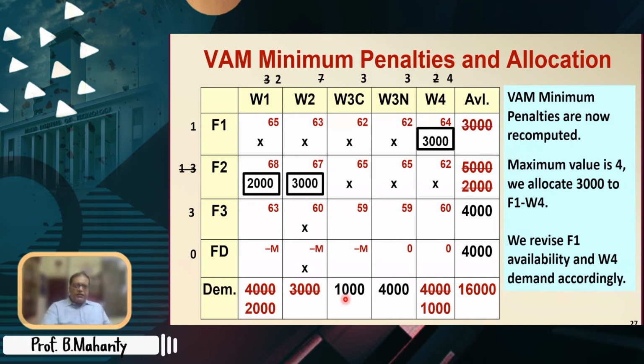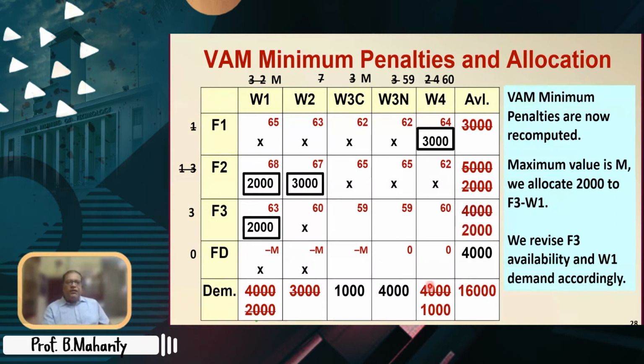So at the third stage, again, we get a series of 3s. In fact, no, there is 1 4 we get here, because this 62 is gone, so it becomes 4. So entry is here. So we make an entry of 3000 and cross this availability, and this availability is then 1000. All right. So this is the 3 entries have been made.